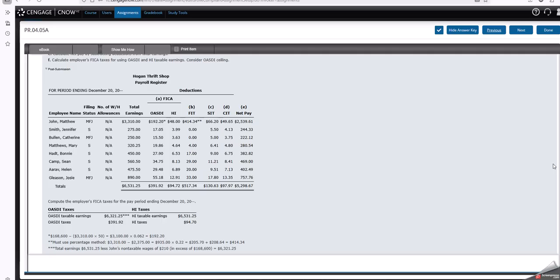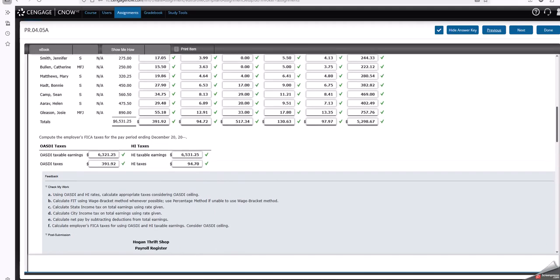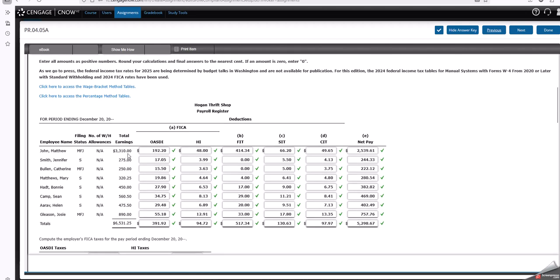So I took his salary amount times the 50 weeks he's already been paid. He was at 165,500. So then subtract from 168,600. $3,100 of his wages are subject to Social Security tax.